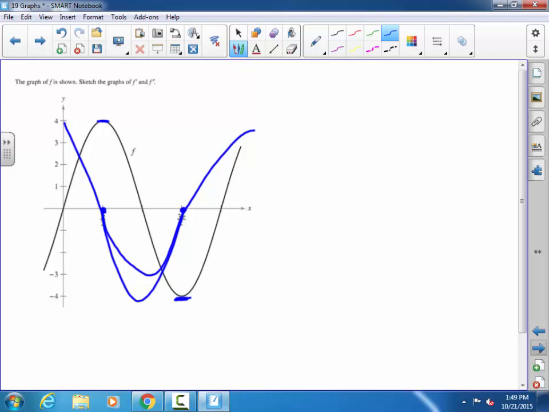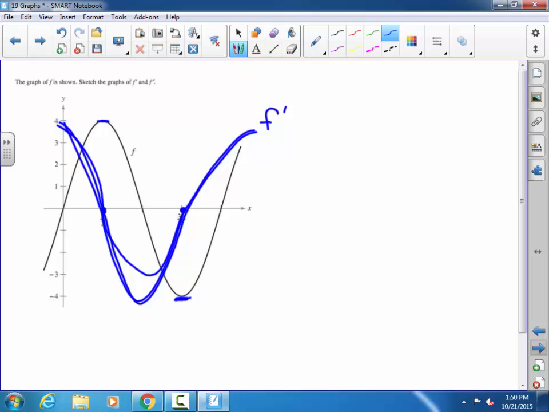So now the fact that these are curved kind of indicates to me that this would be curved too. So we're thinking that it's going to look something like this. And if you remember that this right here is the sine curve, the original f function, then you would know that this blue function right here is the cosine curve.